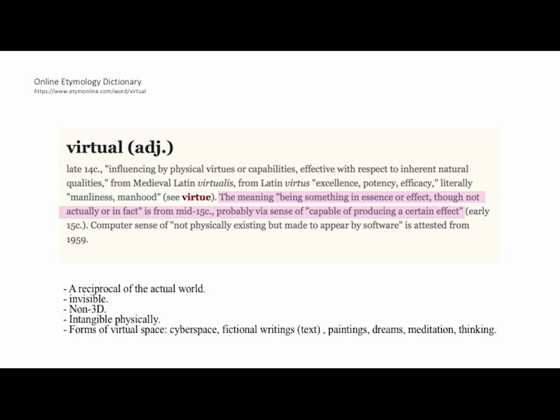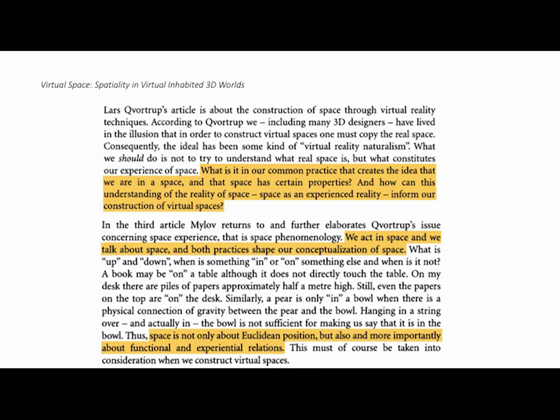Examples of the form of virtual space could be cyberspace, fictional writing, paintings, dreams, meditation, thinking, and so on and so forth. For human experience, how are we aware of our existence?